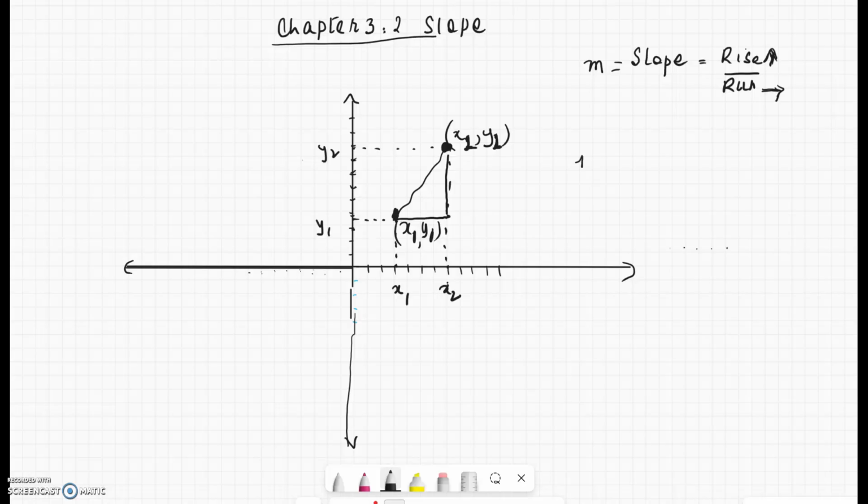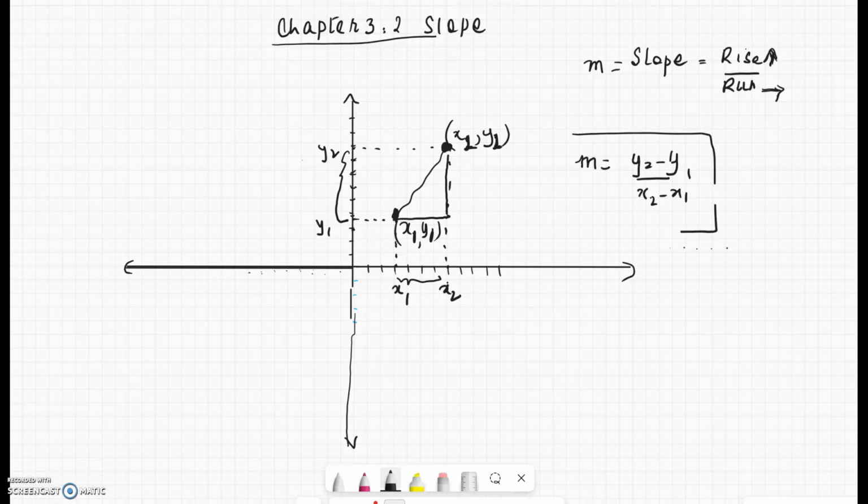Now the slope is rise over run. So rise is the difference between these 2, and I'm going to call it y2 minus y1, and the run is the difference between these 2, that is x2 minus x1.